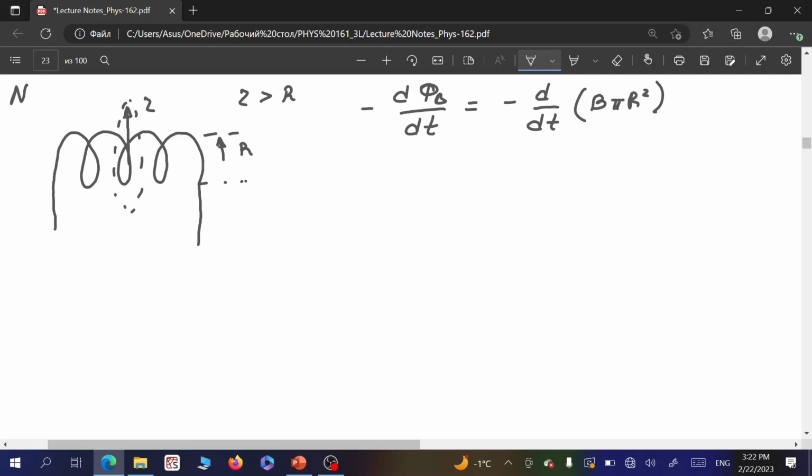We don't consider anything contributing to magnetic flux outside the solenoid, and the reason for that we already discussed. We assume that the magnetic field is much weaker outside the solenoid than inside, so that's why we consider only the internal flux through the internal cross-section area of the solenoid.